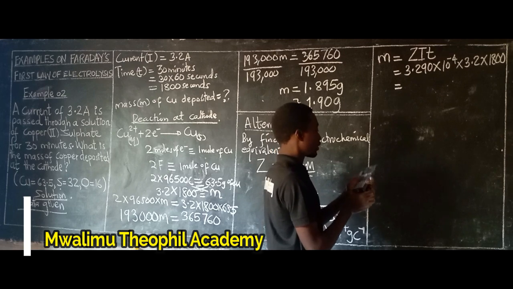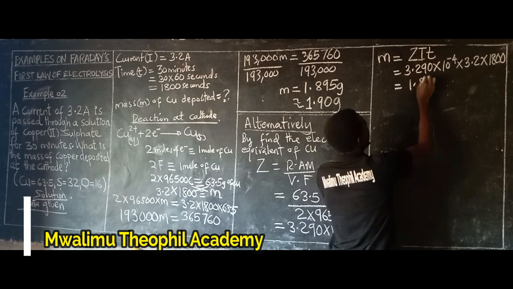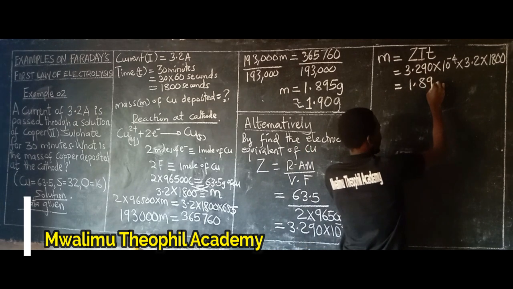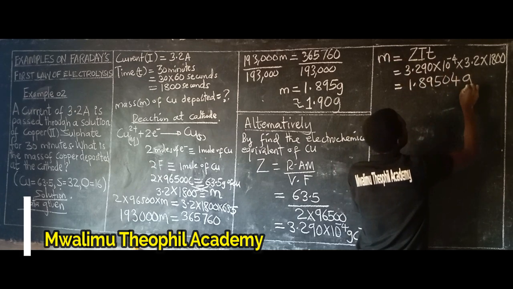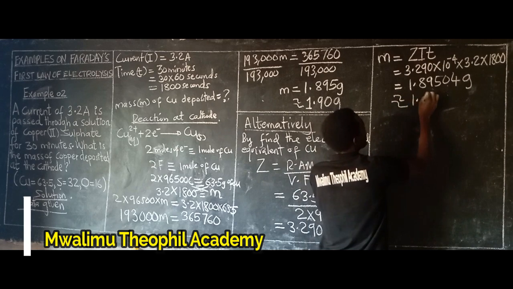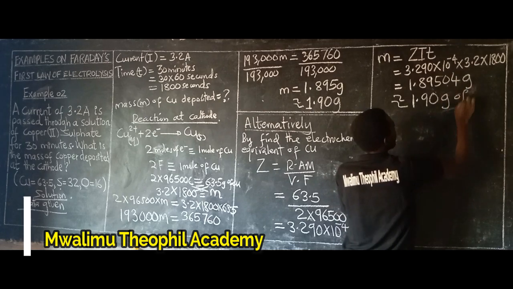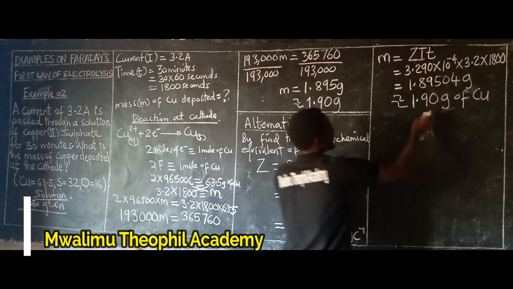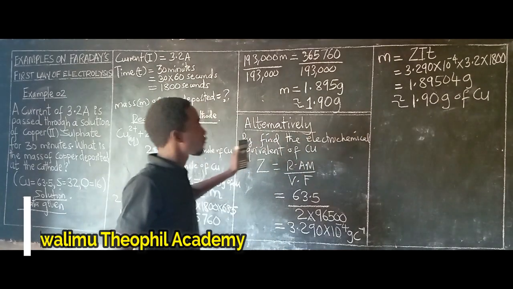What do we get? We get 1.89504. This is in grams, so it can be approximated as 1.90 gram of copper.